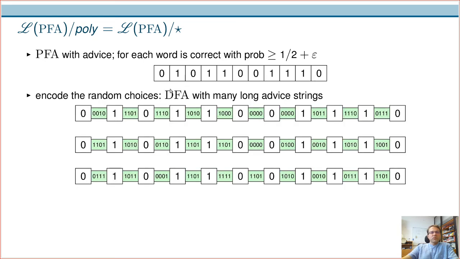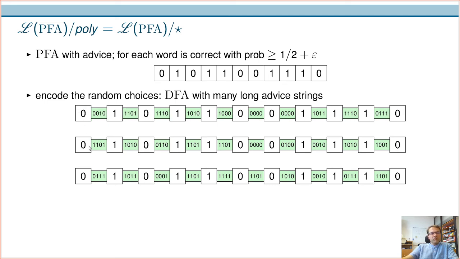So what we can do, we can encode the random choices of the automaton into strings. Now this must be done with some care, because we allow arbitrary probabilities of the transitions. So there are some technicalities to be addressed, but it's not surprising that we can encode the choices of the randomized machine into some bit strings.